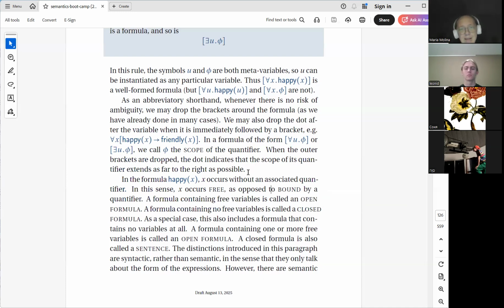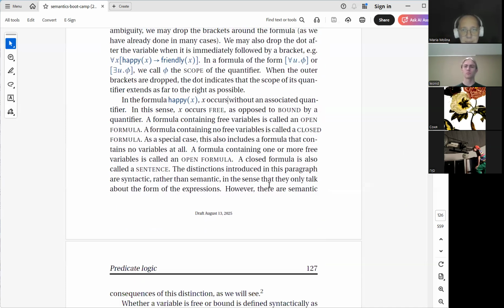It indicates that the scope of its quantifier extends as far to the right as possible, if we write the dot.